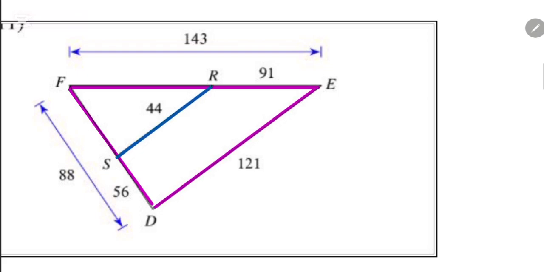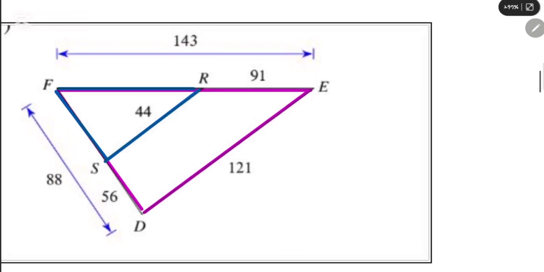You see triangle FSR and triangle FDE, right? They both share angle F. So we know that angle EFD is the same as angle SFR. That's our first angle.